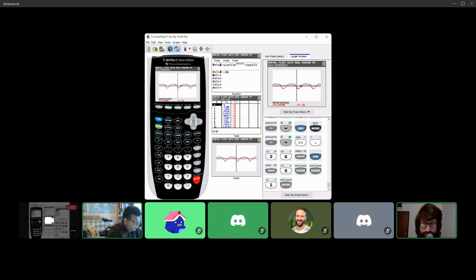Okay, and then using calculator, this is our y1 on the calculator, and this is our y2 on the calculator.